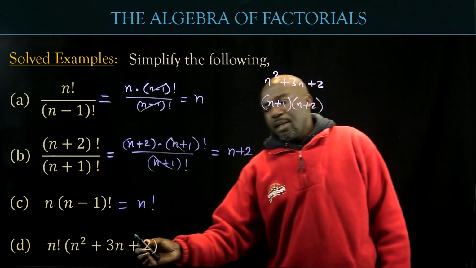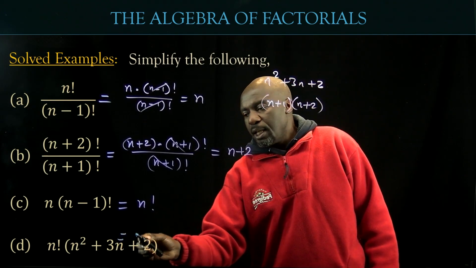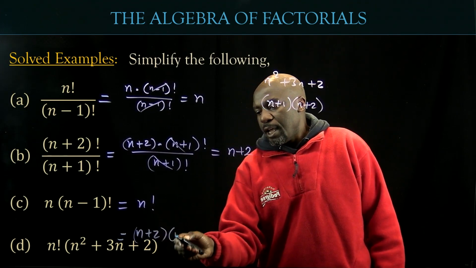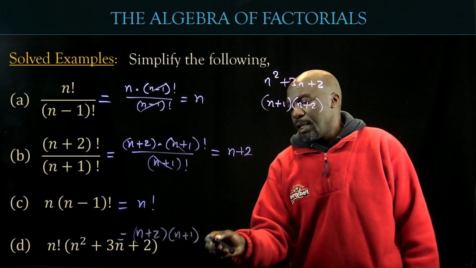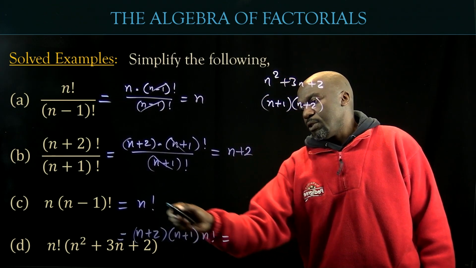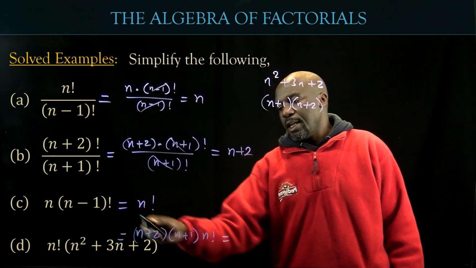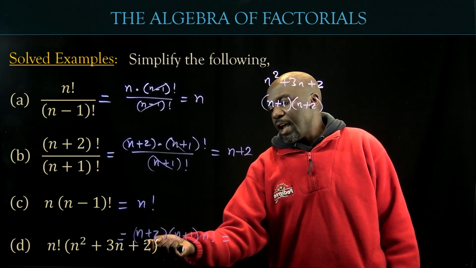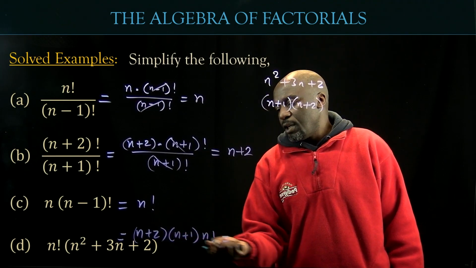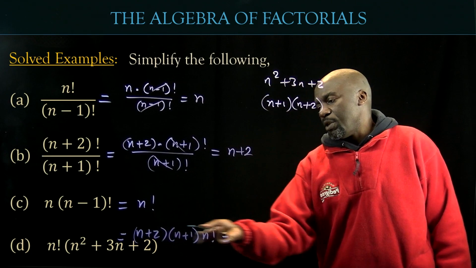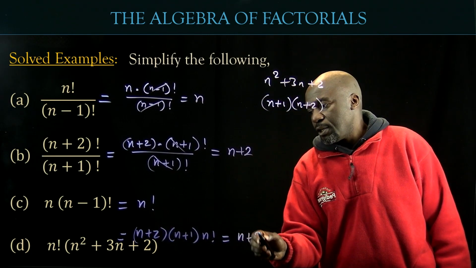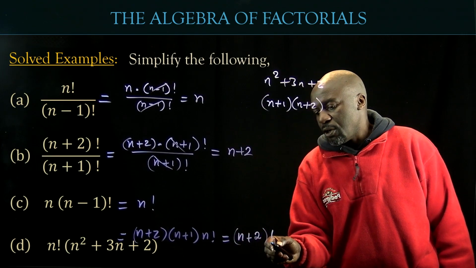And so what we have here is basically n plus 2, n plus 1 times n factorial. And you can see, using the same kind of reasoning that we did here, this is like 5, 4, 3 factorial. So then the whole thing has to be 5 factorial. So this is just n plus 2 factorial.